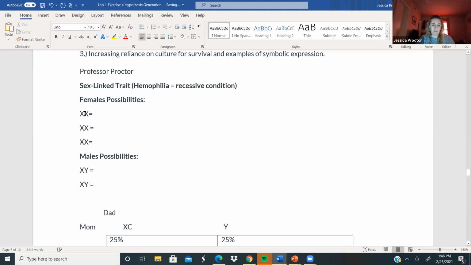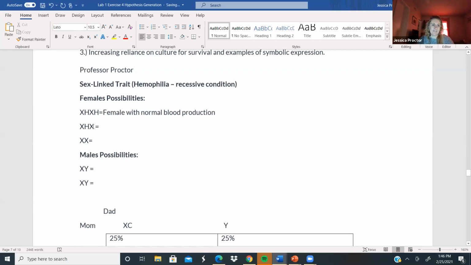So for the females, if they have a dominant H on both of their X chromosomes, then this is a female with normal blood production. Okay, and then if the female is heterozygous, so she has a dominant H on one X and a recessive h on the other, this is a female that is a carrier for hemophilia.